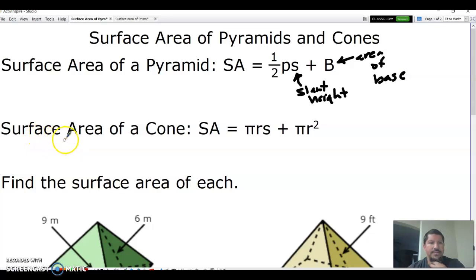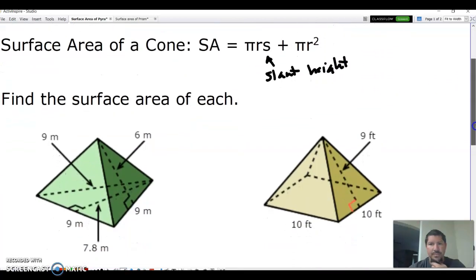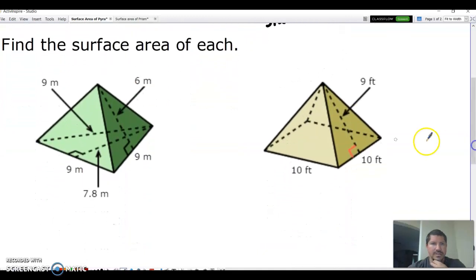And then surface area for a cone is pi r S, again, that's slant height, plus pi r squared. Okay, so surface area of each of these prisms. So this line right here, which is this 6, is our slant height.